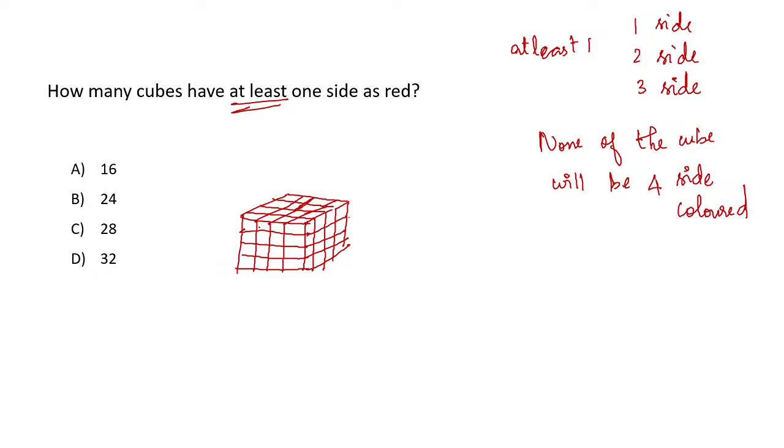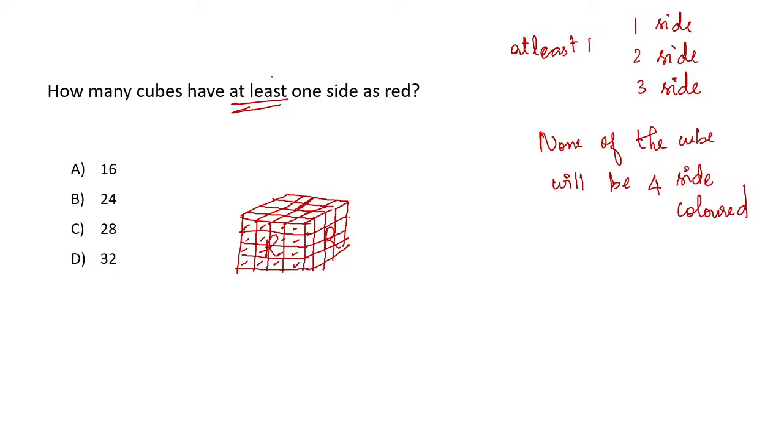So now we have 64 cubes in which we'll have to find in how many cubes at least one side is red. So this side completely is red and this side completely is red. So we'll have to consider only these cubes, right? If you look at all these cubes, 1, 2, 3, 4, 5, 6, 7, 8, 9, 10, 11, 12, 13, 14, 15, 16. All these 16 cubes will at least have one side painted red.